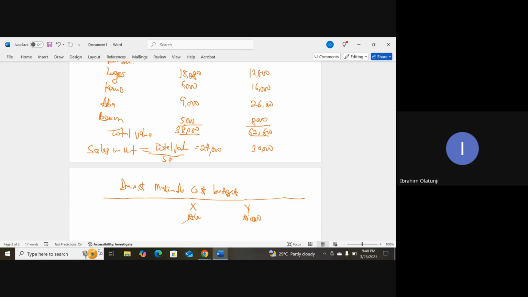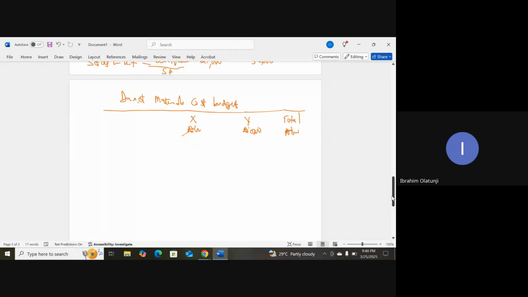Are we there? So if we are to calculate the direct material cost budget, we have to start from our production requirement, because we've already used the material. We purchase the material, we use it for production.